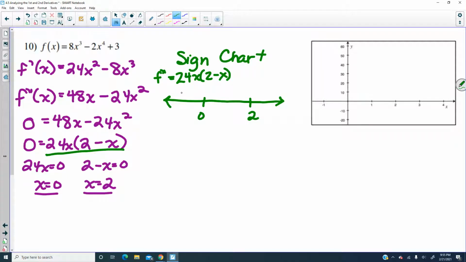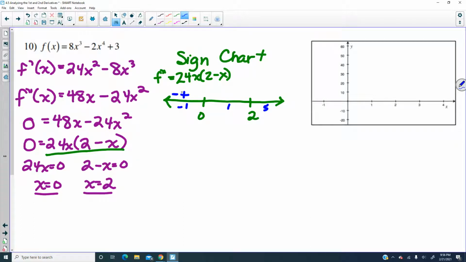Okay, so I'm going to test some numbers. Let's test the number negative 1. A number between 0 and 2 would be 1. A number between 2 and infinity, let's try 5 this time. Again, I'm only worried about signs. For 24 times negative 1, that's a negative number. 2 minus negative 1 is a positive number.